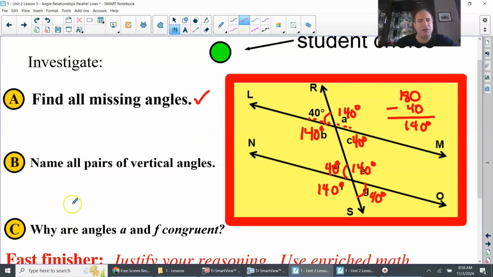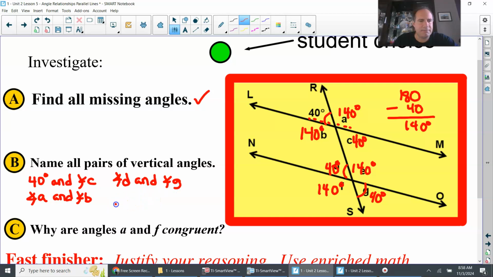Name all pairs of vertical angles. So 40 degrees and C. Then we're going to have angle A and B. Then on the bottom, we have D and G, right across from each other, meeting in the middle.